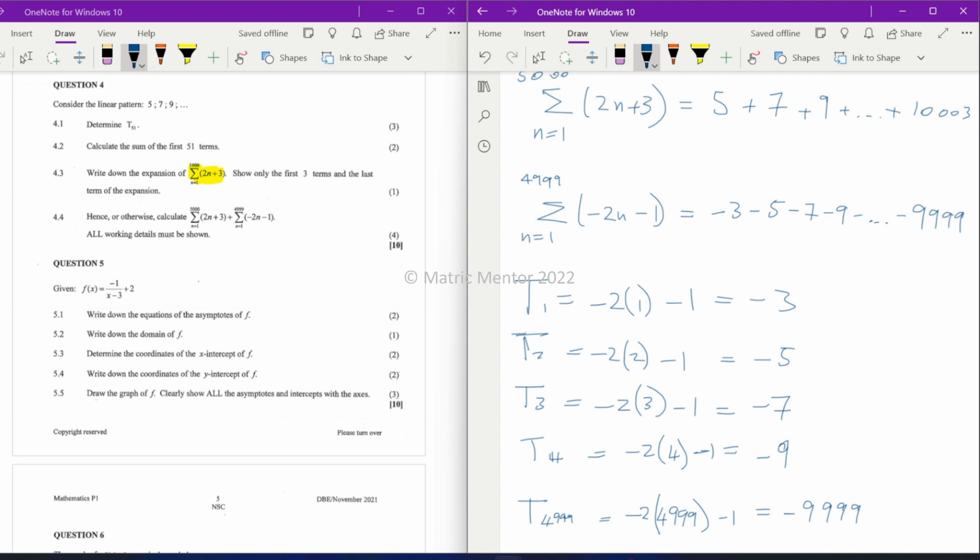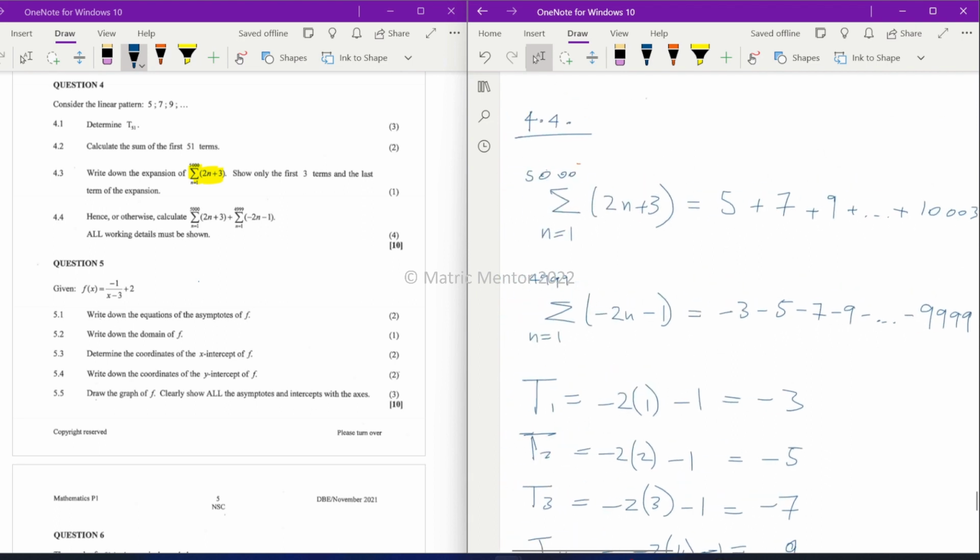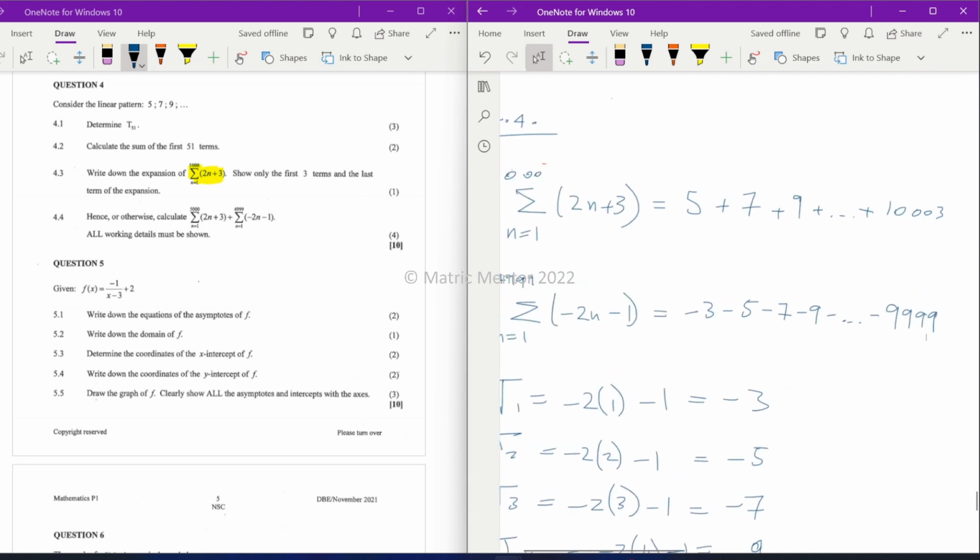So they want us to add up these two functions.